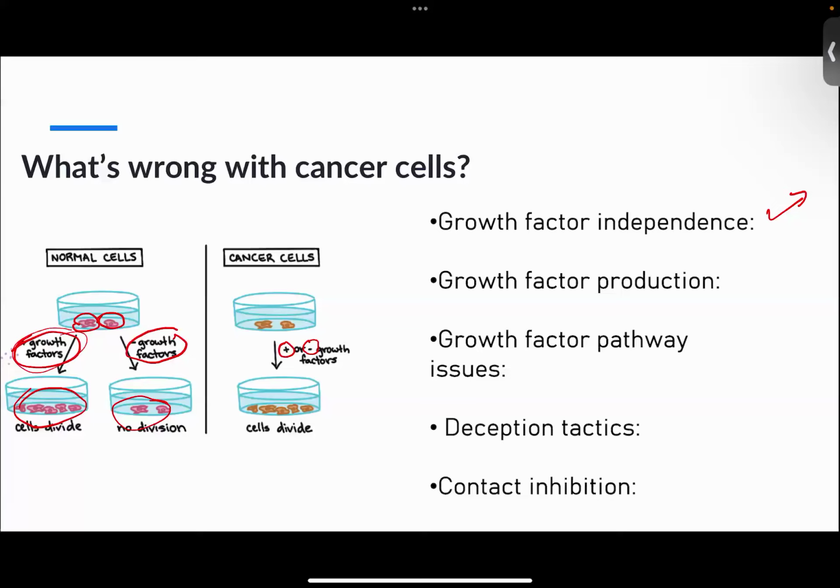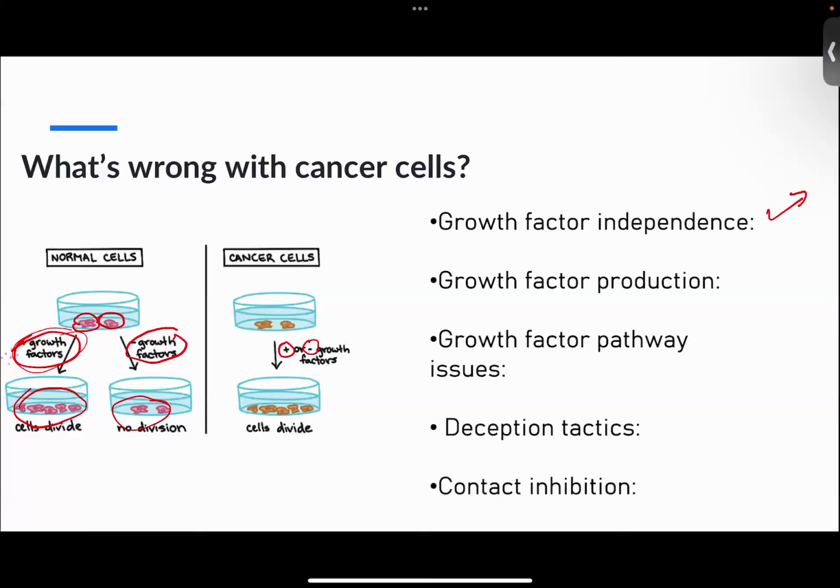Also, there is growth factor production. Cancer cells might produce their own growth factors, so they will not depend upon an external source. There are a lot of changes happening: maybe angiogenesis, and the metabolism cycle is affected.